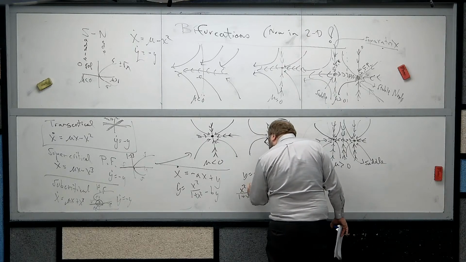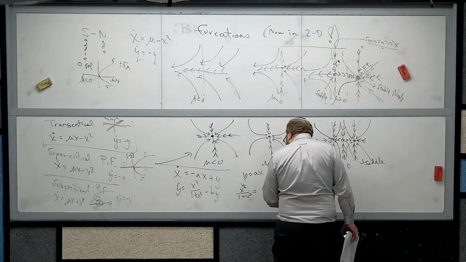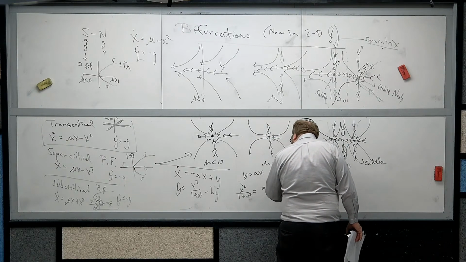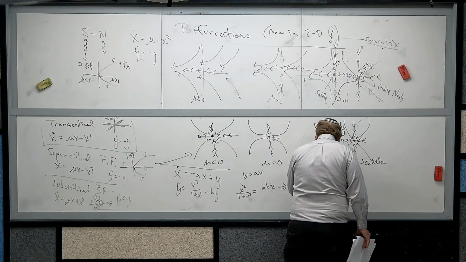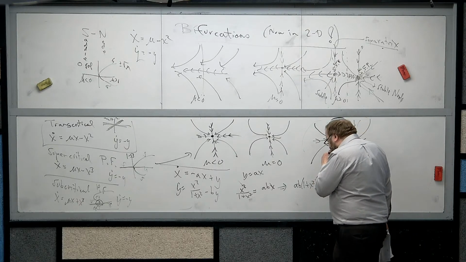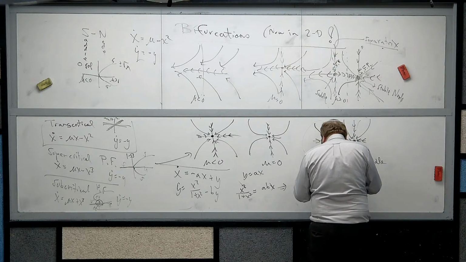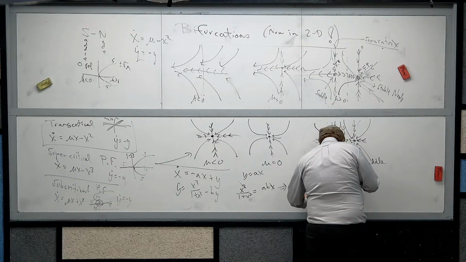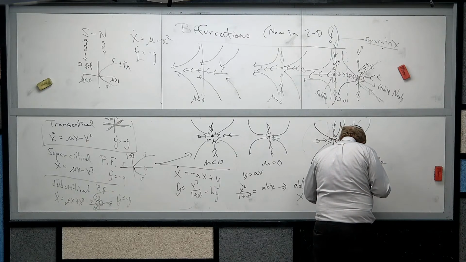So we can get rid of one of the x's, and we have that ab times 1 plus x squared equals x, and you can solve for x if you want. And what you find when you solve for x is that x is equal to 1 plus or minus the square root of 1 minus 4a squared b squared over 2ab.